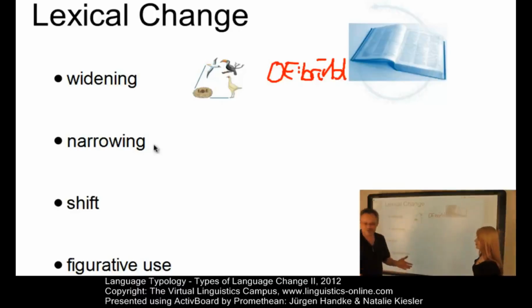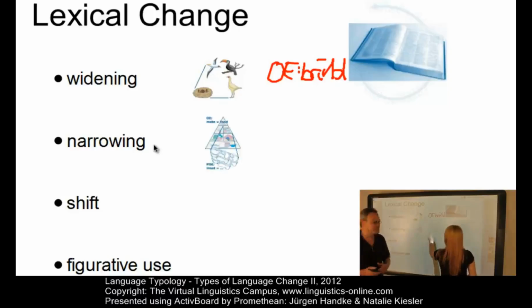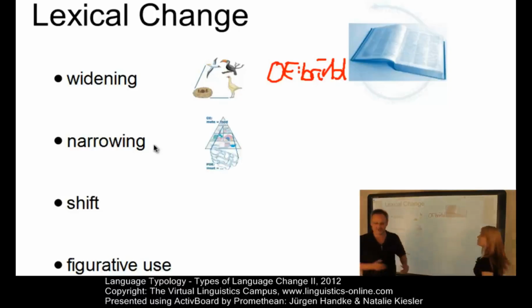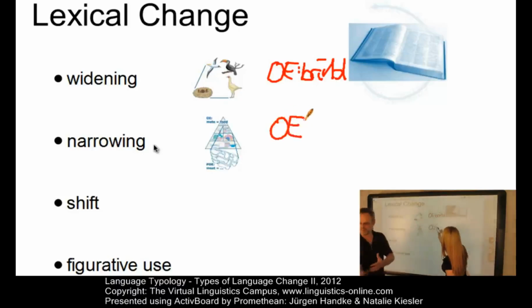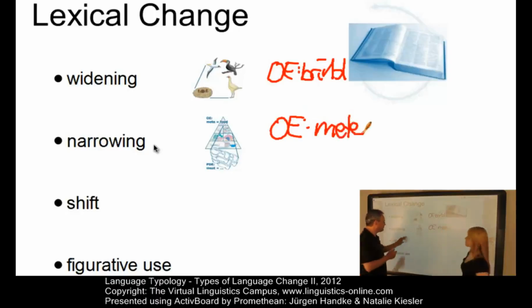The next one is narrowing, the opposite of widening. Our example here comes from Old English, where Mete meant food in general. Today we have two terms, we have food and meat, and of course you know that these two words are different today. Another change is the shift.